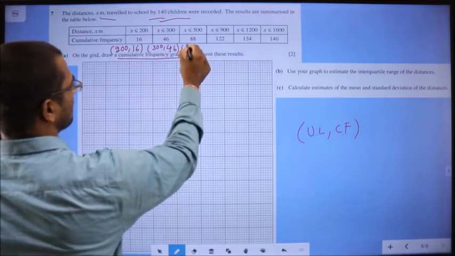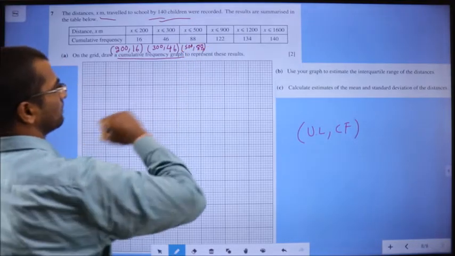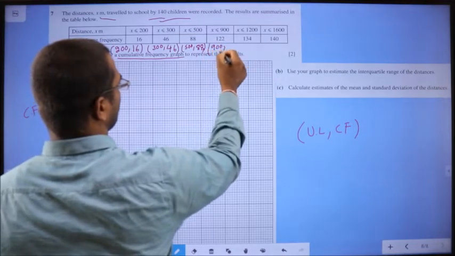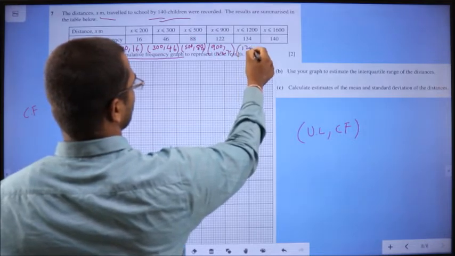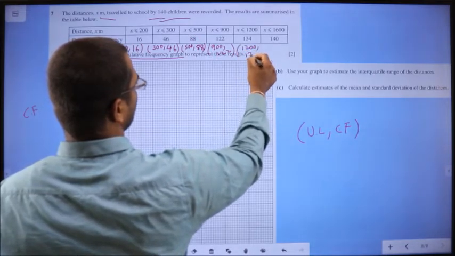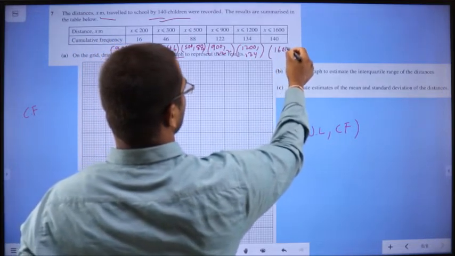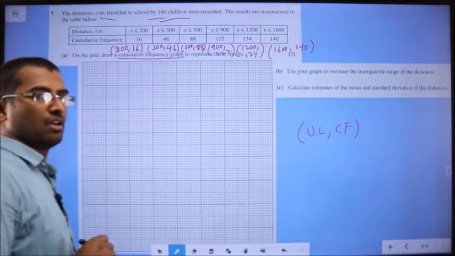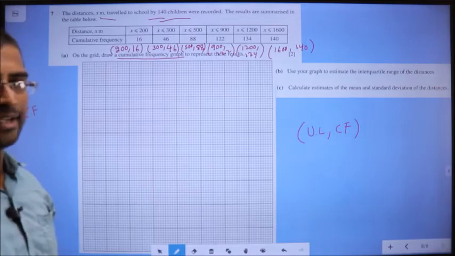For this it is 500, 88. For this it is 900, 122. For this it is 1200, 134. For this it is 1600, 140. We got all the points, plot the points and join.